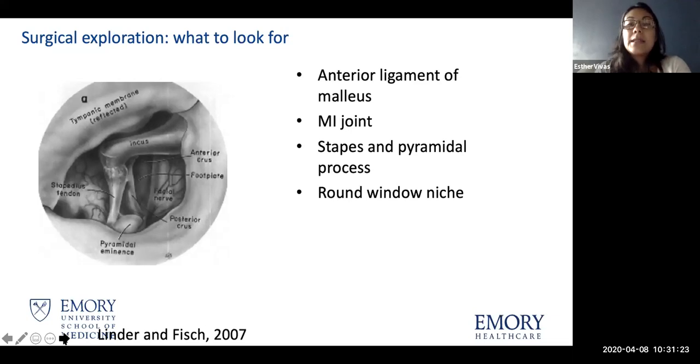Sometimes that's an area of fixed lateral chain fixation, a congenital fixation. The MI joint, the stapes, the pyramidal process, and then of course the round window niche. These are all specific areas that you should be able to evaluate when you're taking someone to the operating room to address a conductive loss.